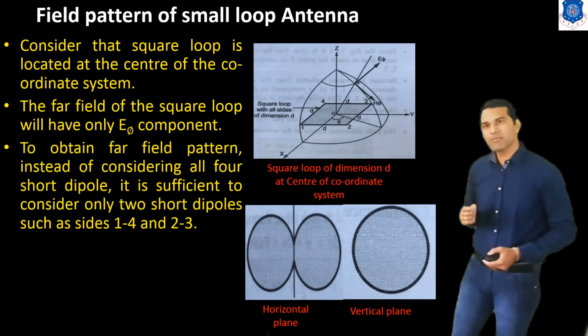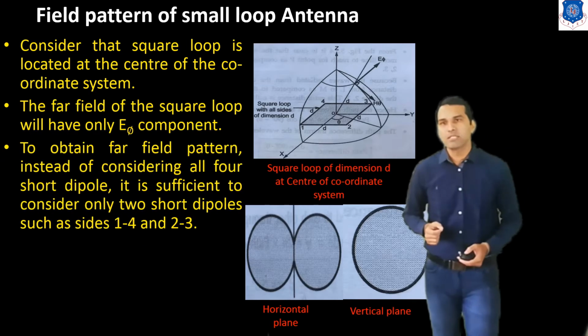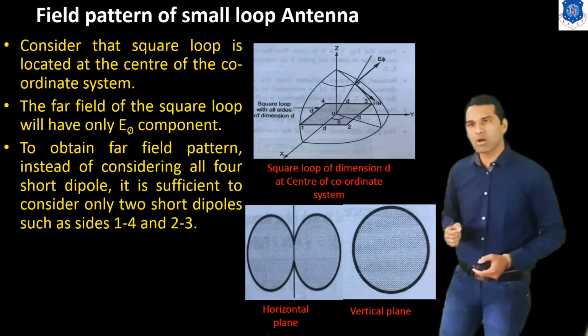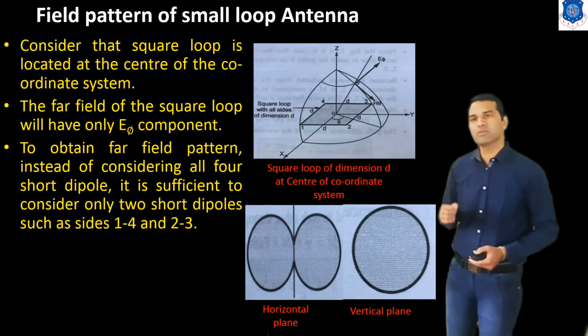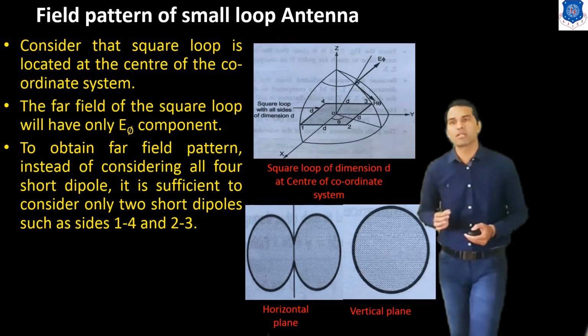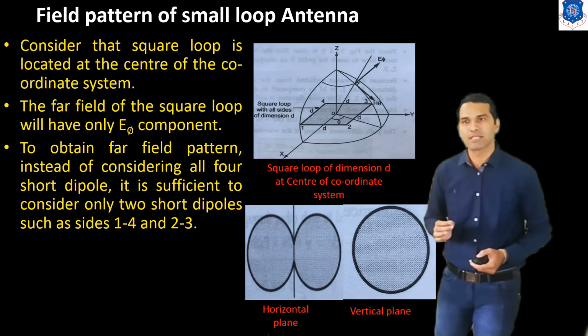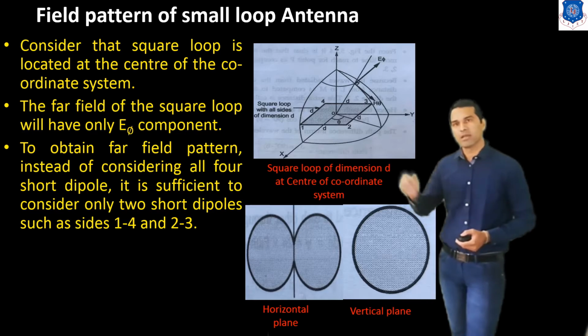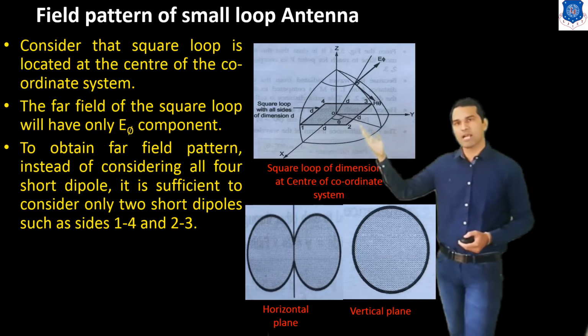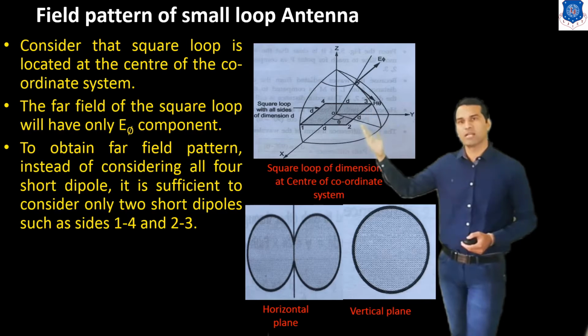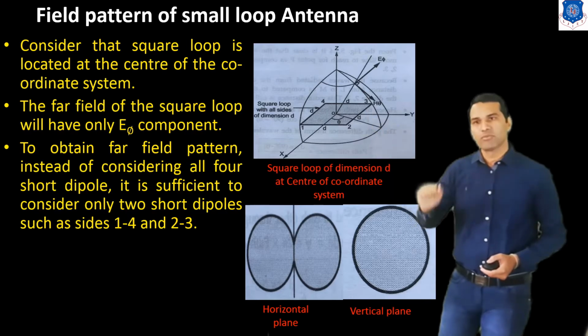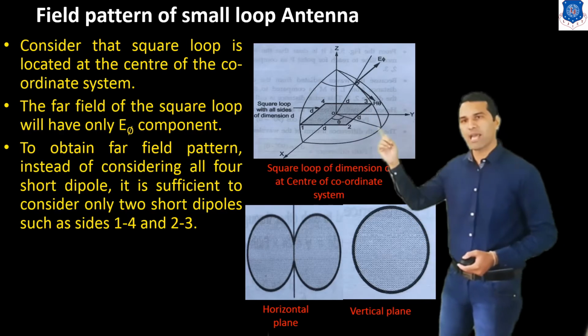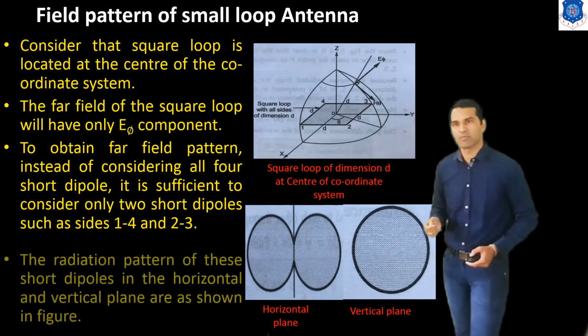To obtain the far field pattern, instead of considering all 4 short dipoles, it is sufficient to consider only 2 short dipoles, namely sides 1, 4 and 2, 3. So instead of considering the 4 sides 1, 2, 3, 4, we consider only 2 sides: the first is the 1, 4 side and the second is the 2, 3 side.